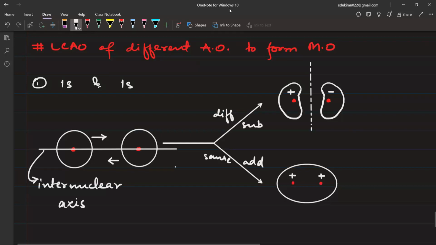If the bonding is happening on internuclear axis, if the combination is happening on internuclear axis, then the bond formed is known as sigma bond. It is known as sigma bond, and that is why this is sigma bond made by 1s. Got it, guys? Yes or no? Please tell me. Which will be a bonding molecular orbital.